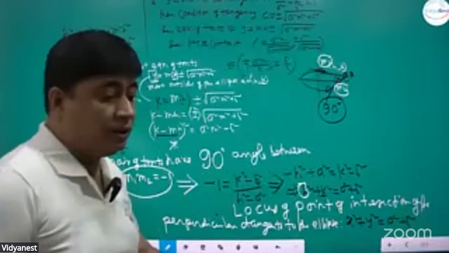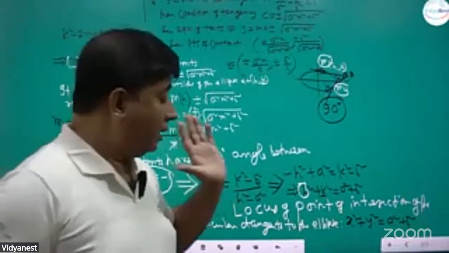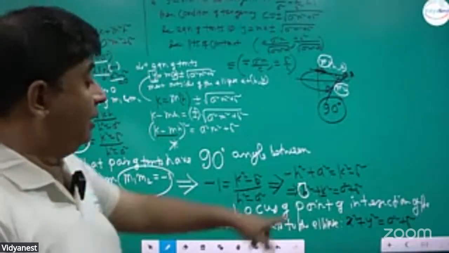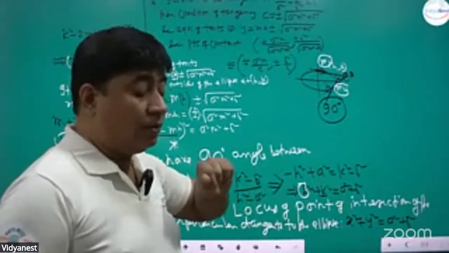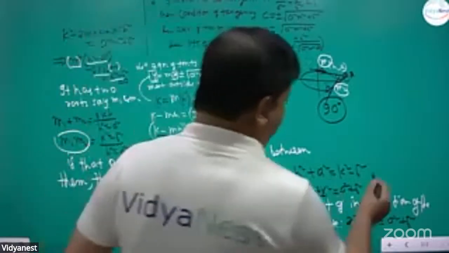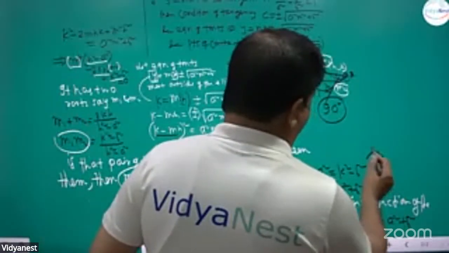So, what is the recognition of this curve? It is a circle. What kind of circle? What is the nomenclature of this? It is called the director circle.